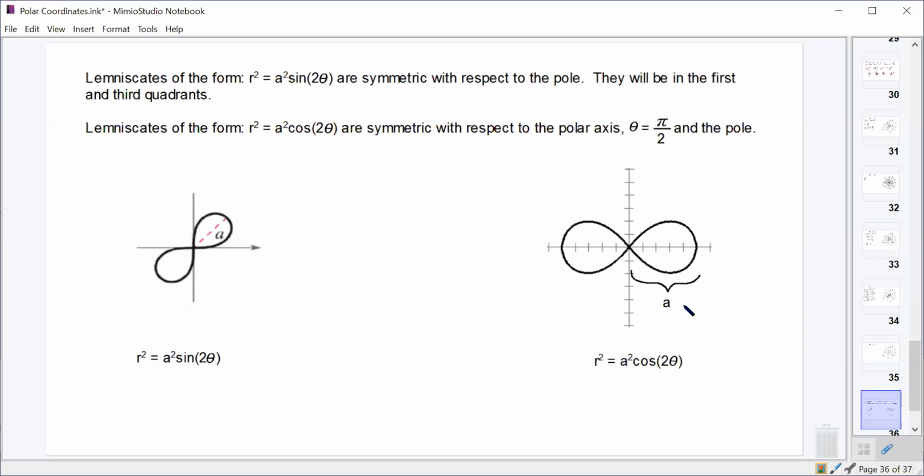Furthest out they go is always the square root of that value that's out in front. There's always just going to be two petals. And these will show up every once in a while. Every once in a while, they put one of these on the AP test with finding the area inside of it or figuring out the length of the curve itself, something like that. Anybody have any questions on that?